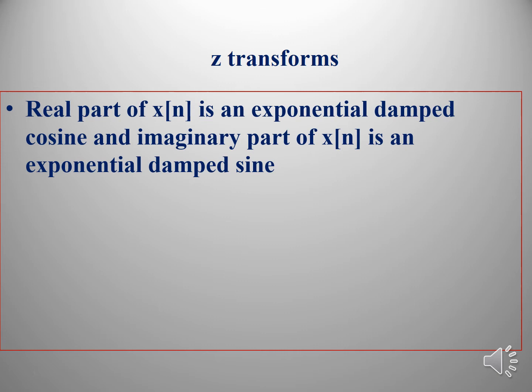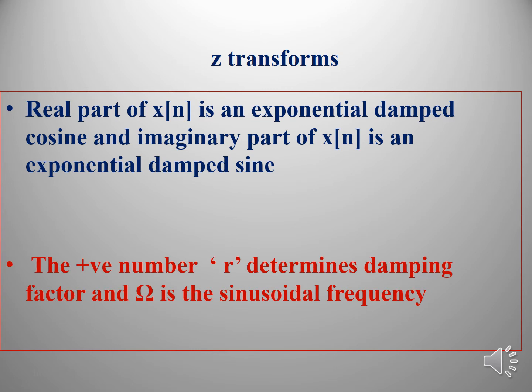Thus, the real part of x of n is an exponentially damped cosine, and the imaginary part of x of n is an exponentially damped sine. The positive number r determines the damping factor, and omega is the sinusoidal frequency. x of n is a complex sinusoid if r is equal to 1.